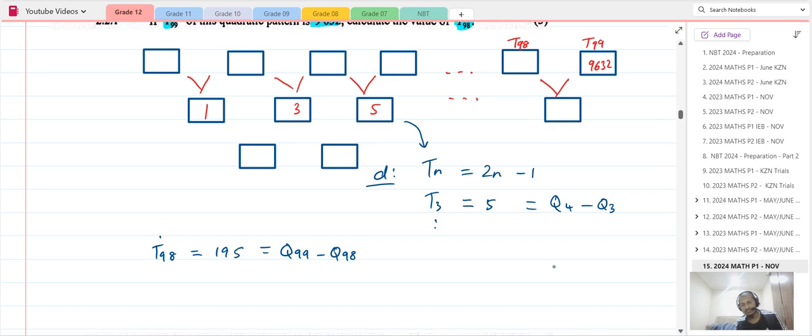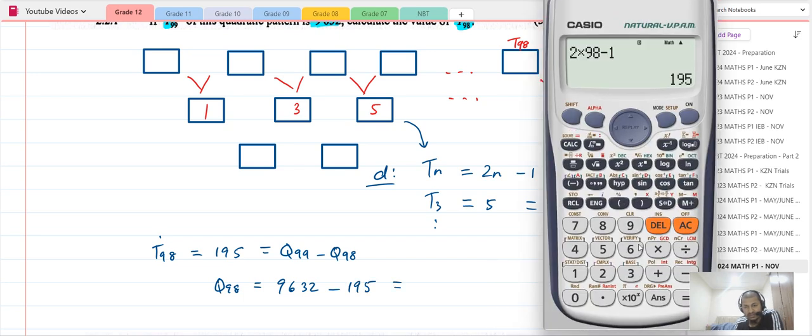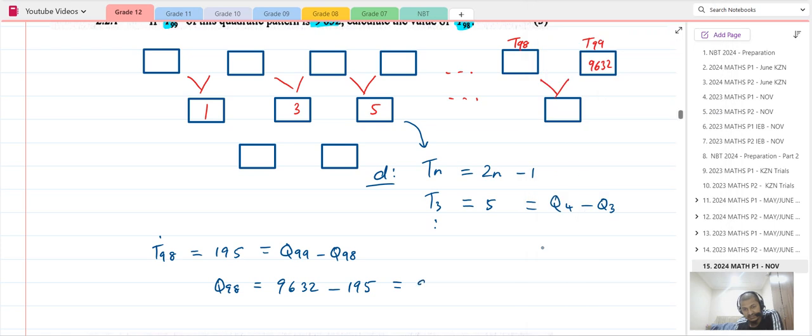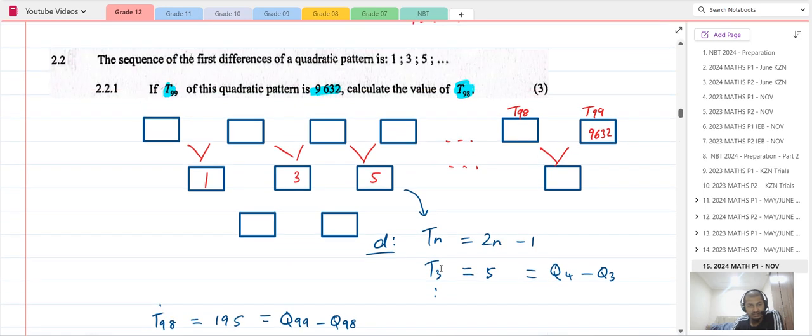Now it's easy to find quadratic pattern term 98. Quadratic 99 is already 9632, and we're going to subtract 195 to get the answer. So 9632 minus 195 will give me the answer 9437. So 9437 is the answer.